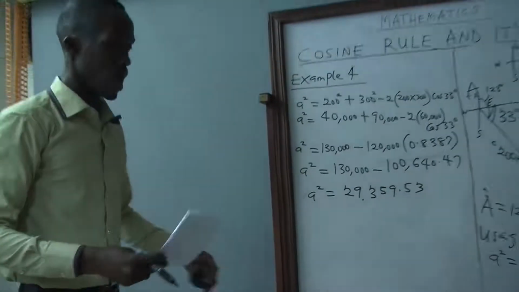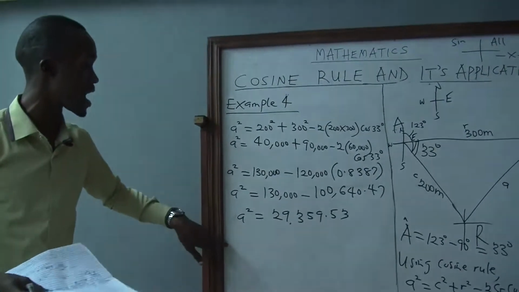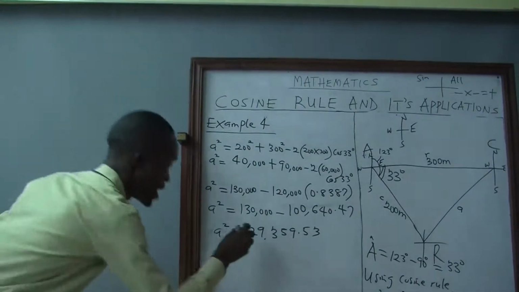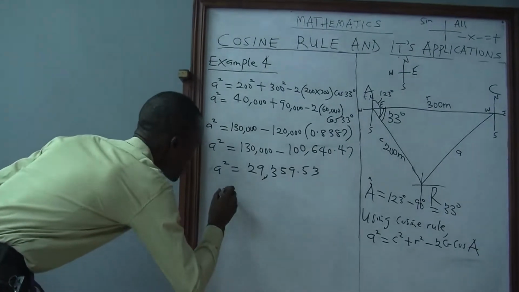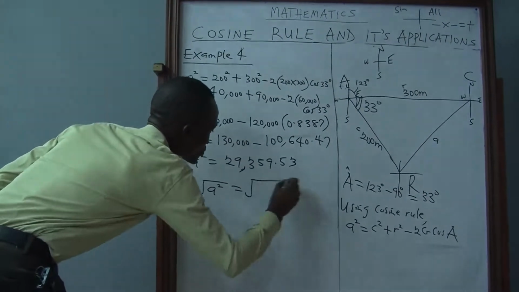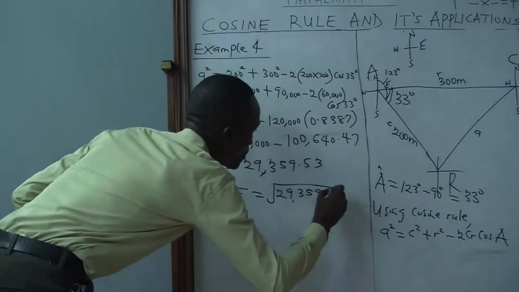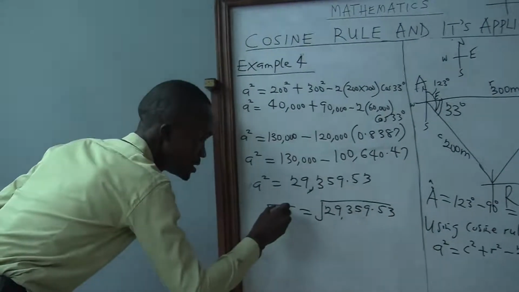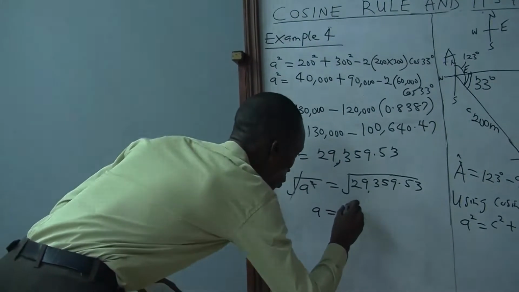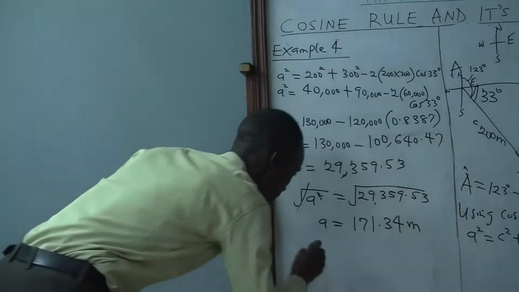If you remove this one from this, we have a square to be 29,359.53. From this stage, the next thing to do is to take the square root of both sides, since the expression involves a square. So the square root of a square equals the square root of 29,359.53. The square cancels the square root and we have a to be 171.34 meters.